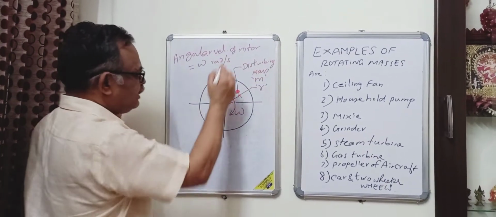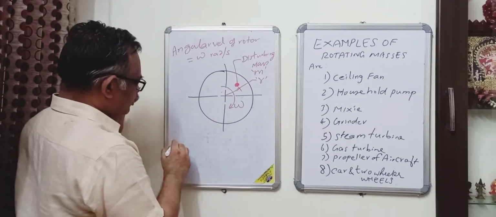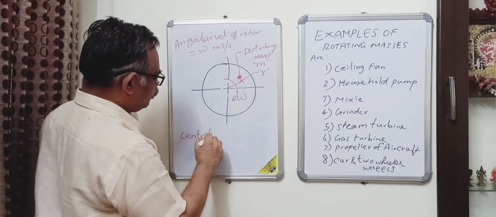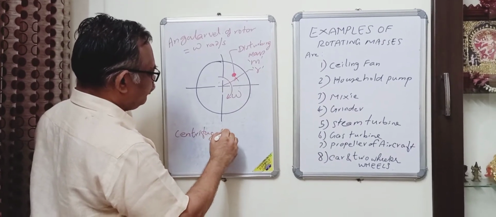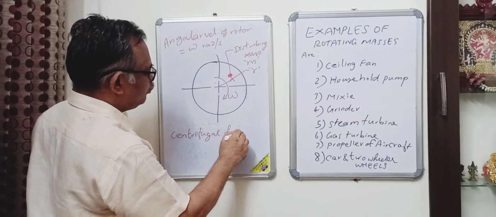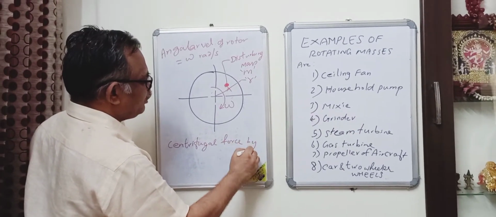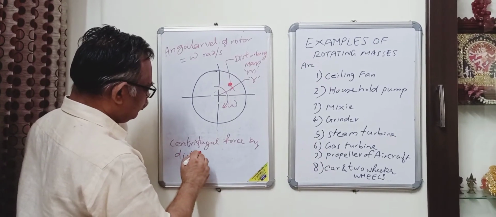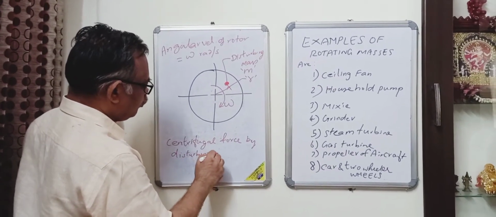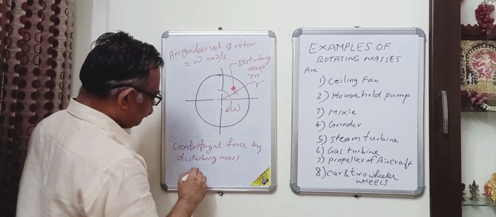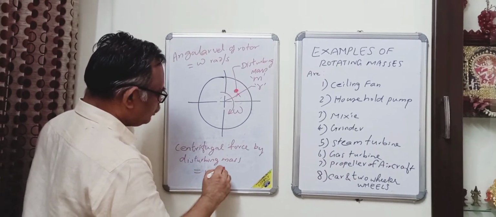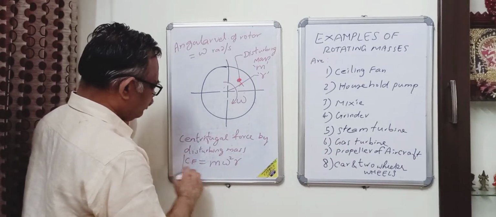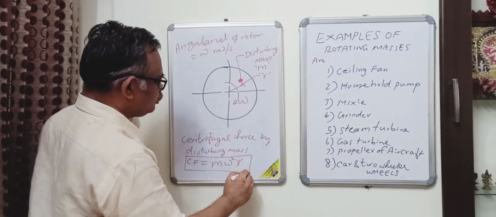If that is the case, the centrifugal force created by the disturbing mass is equal to m omega square r. This is your centrifugal force.